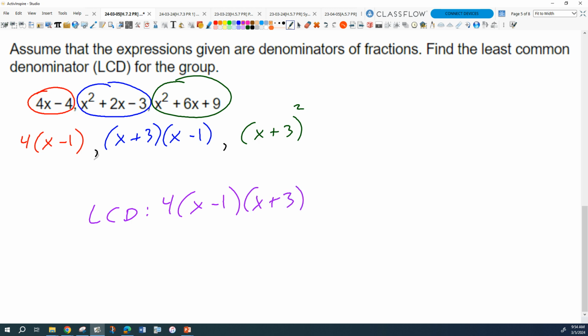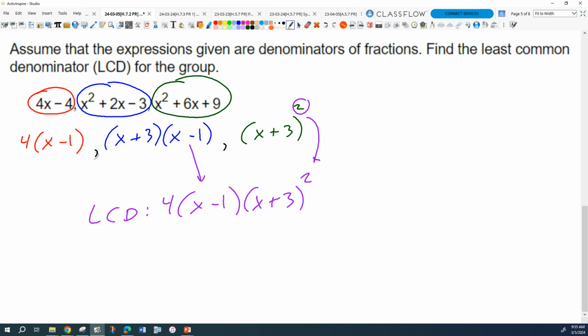We need that. x minus 1 we've already got, so we don't need to add that one. What about the green one? x plus 3 we've got, but it's being squared, so we would need to square it because it shows up twice. Does that make sense? Another way to think about that is one of those x plus 3s is already accounted for, but now we've got another one, so we have to include it. Give me a thumbs. Does that all make sense?